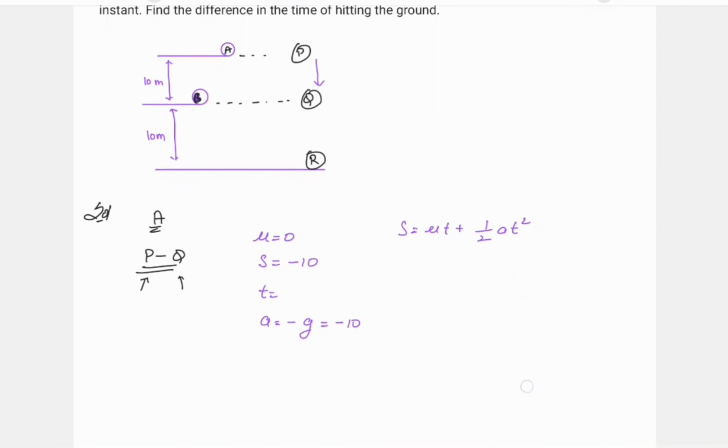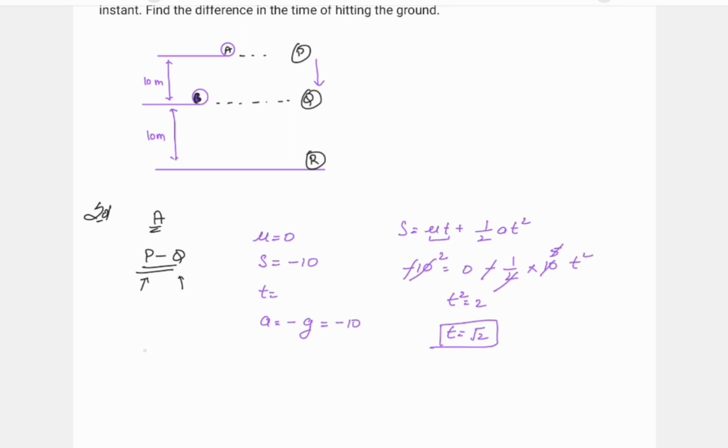S is minus 10, ut is 0 because initial velocity is 0, minus 1 upon 2, gravity is 10, t square. Minus and minus cancel, 10 divided by 5 is 2, so t square is 2 and t is root 2. Time taken by ball A to reach the point Q is root 2.